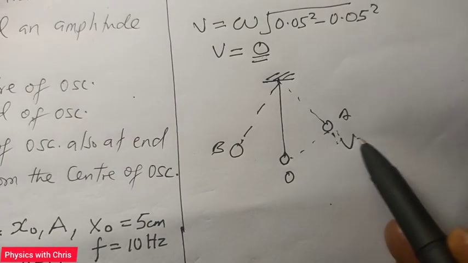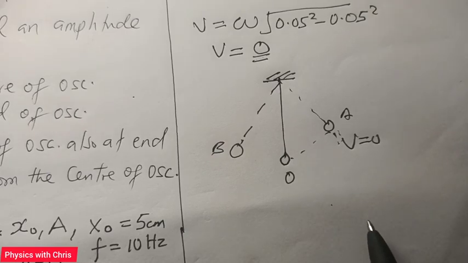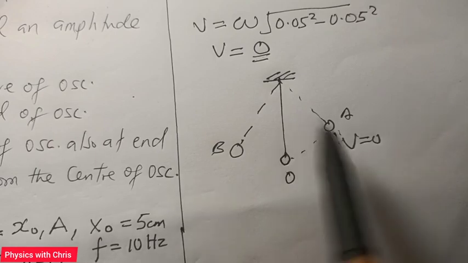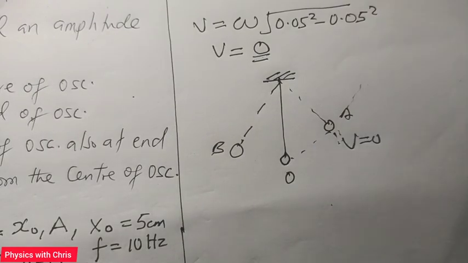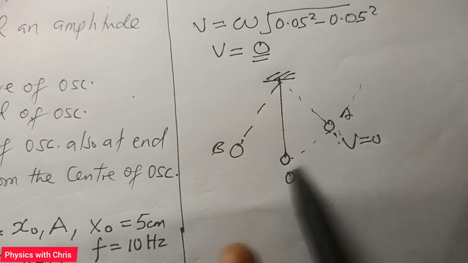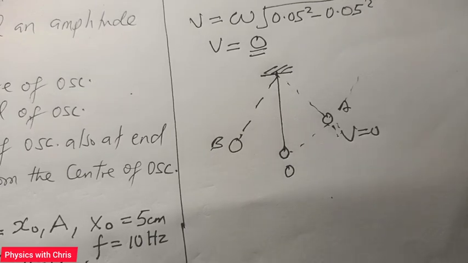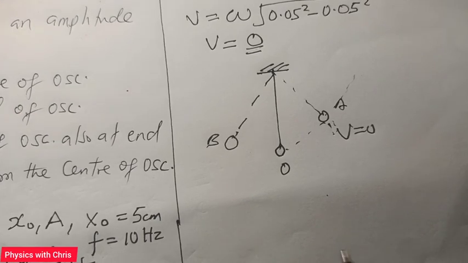The velocity of the body becomes zero. If the velocity is not zero, it means this bulb should continue past point A. That's what makes it return to point O, and that's what makes the motion of this body oscillatory, simple harmonic, because it must keep coming back to the center of oscillation. All right, so that's what it means.